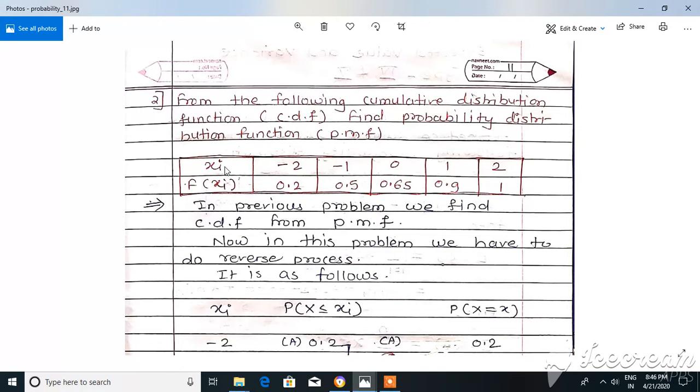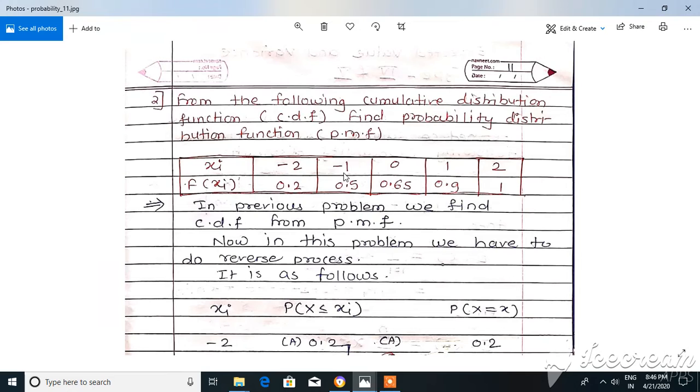So the problem is x_i, and this F of x_i is nothing but the probability of capital X less than or equal to small x. So for x equals minus 2, its corresponding probability is 0.2. But what is the meaning of this?